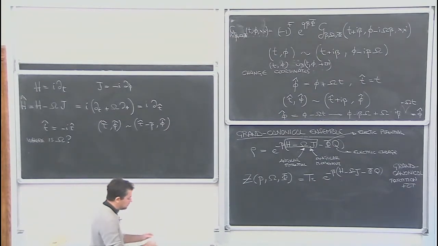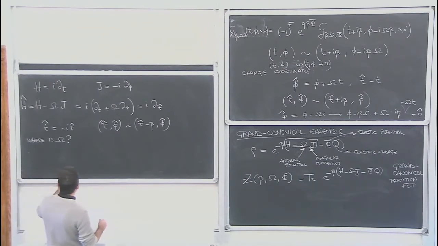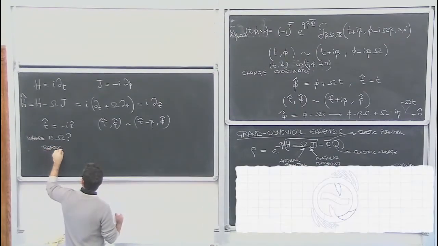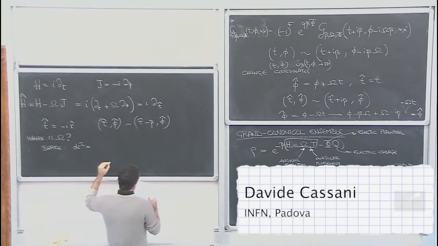Say the background could be flat space, but since I want to apply this to black holes, let's write a more general metric than the one of Minkowski. So before, we had this metric, suppose.